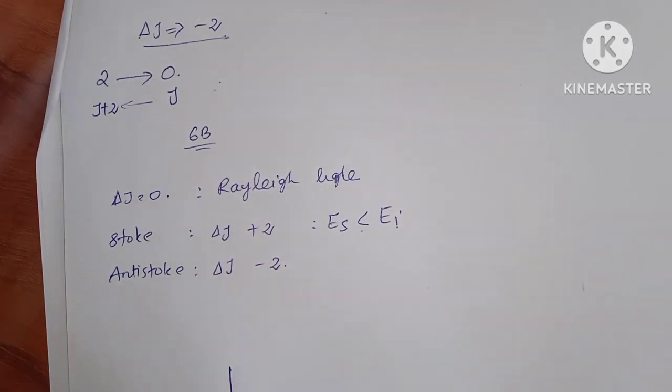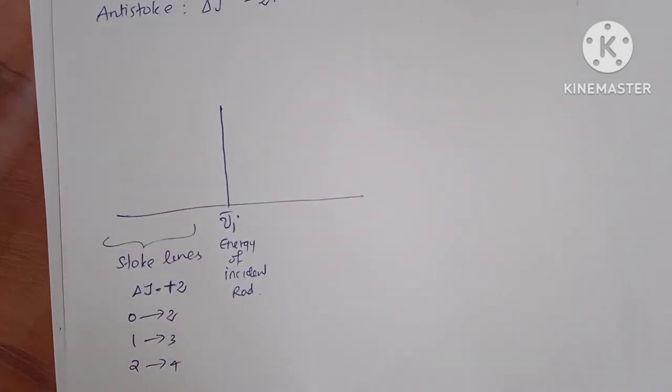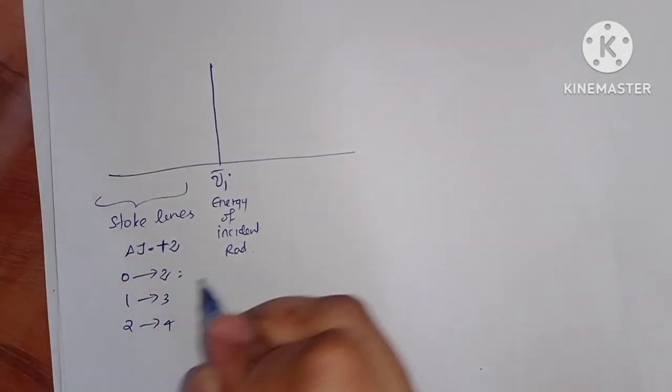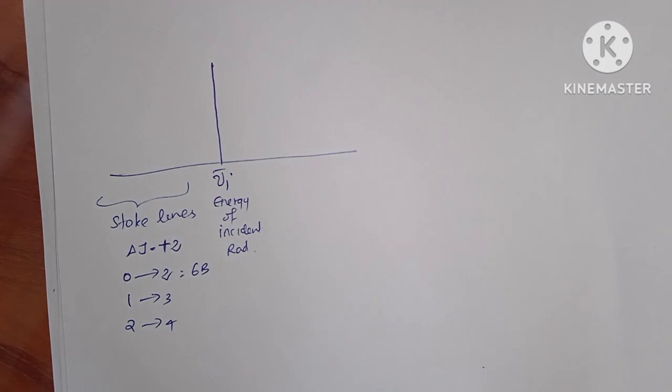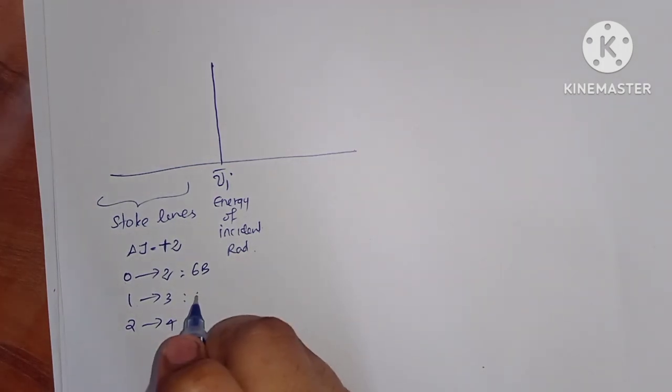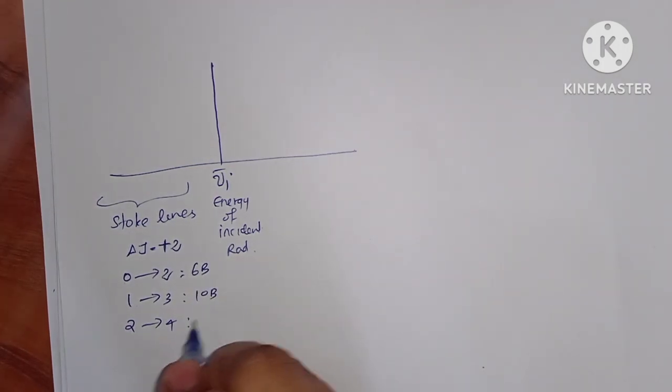Less than that means the Stokes lines come on the left side, because it is smaller than this mu bar I energy. And Stokes line means delta J is equal to plus 2. In plus 2, which transitions are possible? 0 to 2, 1 to 3 and 2 to 4. For 0 to 2, we know that the energy shift is 6B, and this one 10B, then 14B.